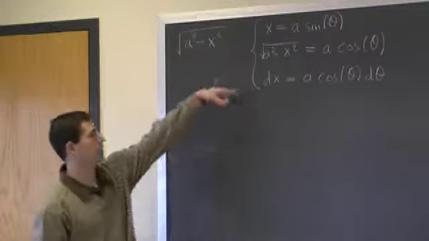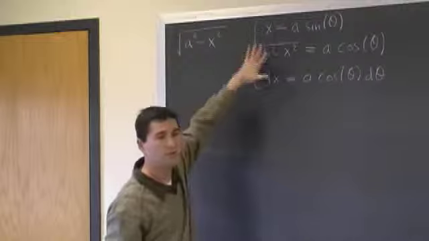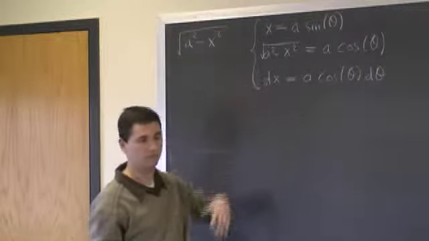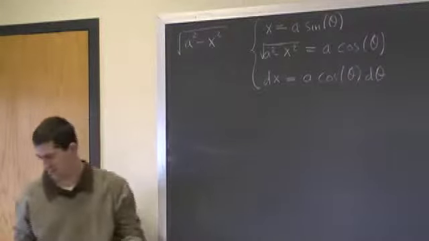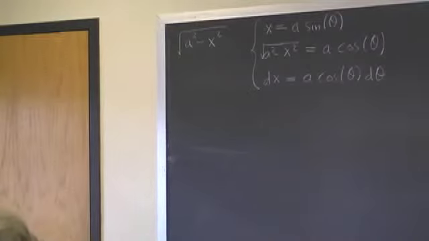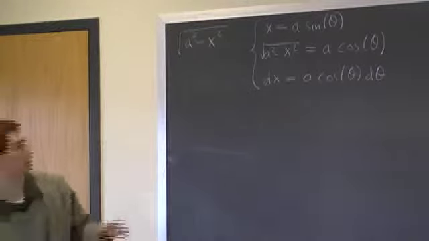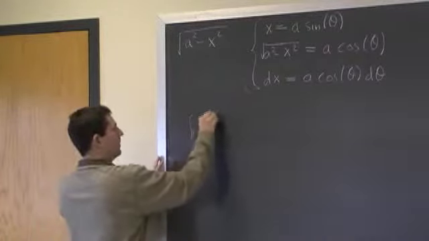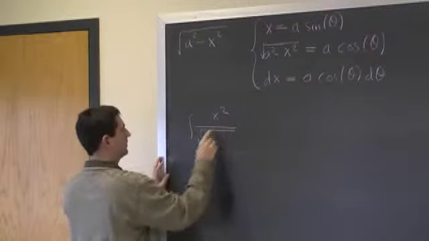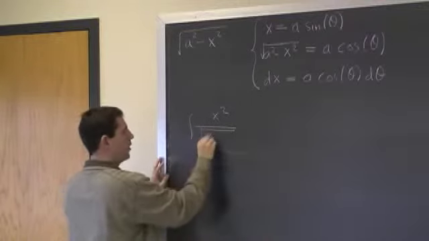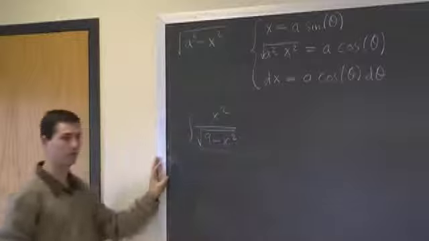And so this is useful because now we can replace all the things in some integral. So for instance, yesterday we looked at the integral of x squared over the square root of 9 minus x squared.